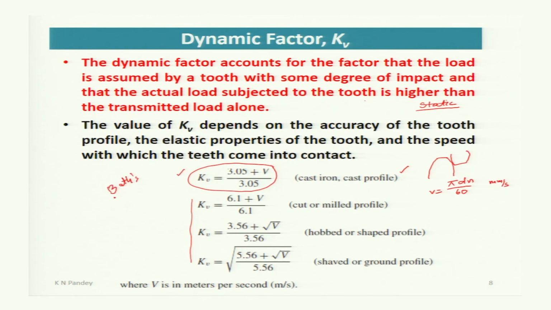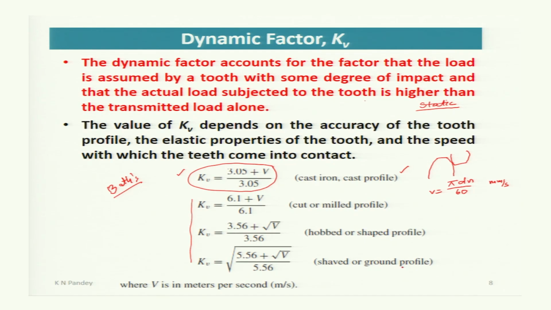Later on, for cut or milled profile, the velocity factor is given by (6.1 plus V) divided by 6.1. For hobbed or shaped profile, the Kv is (3.56 plus under root V) divided by 3.56.